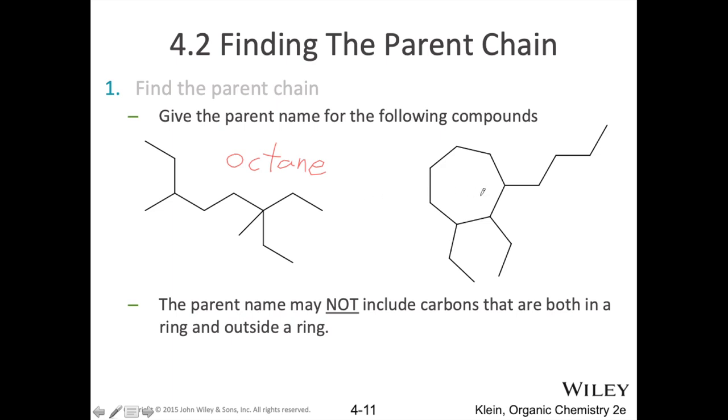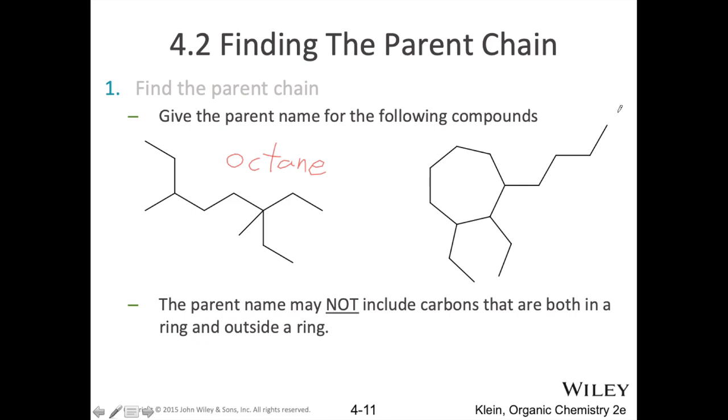Okay, now over here we've got an interesting conundrum. We have a ring, and we have relatively long chains here. Now, the problem with this is you've got to pick one or the other. You cannot include as your longest parent chain something that encompasses both a straight chain like this and a ring.